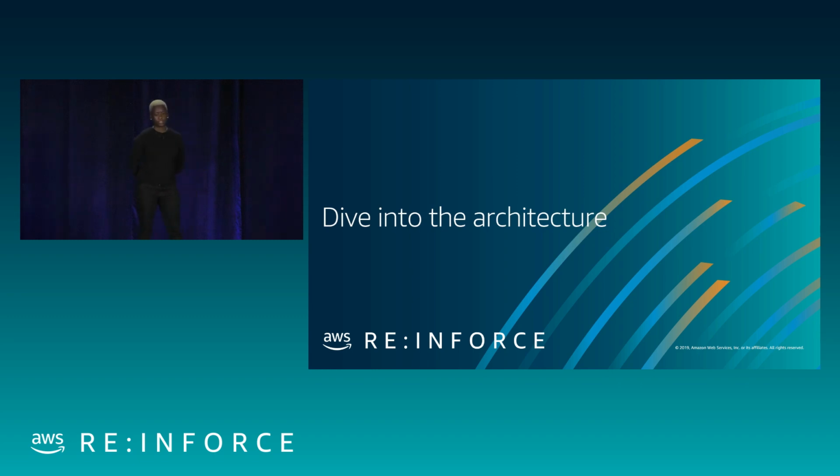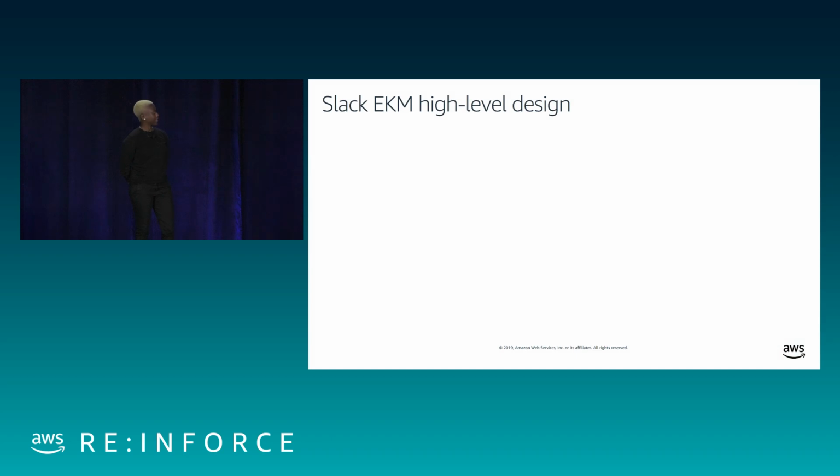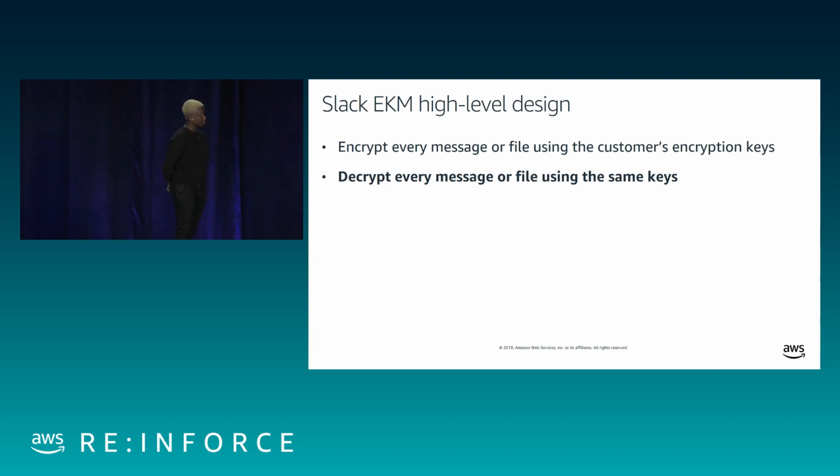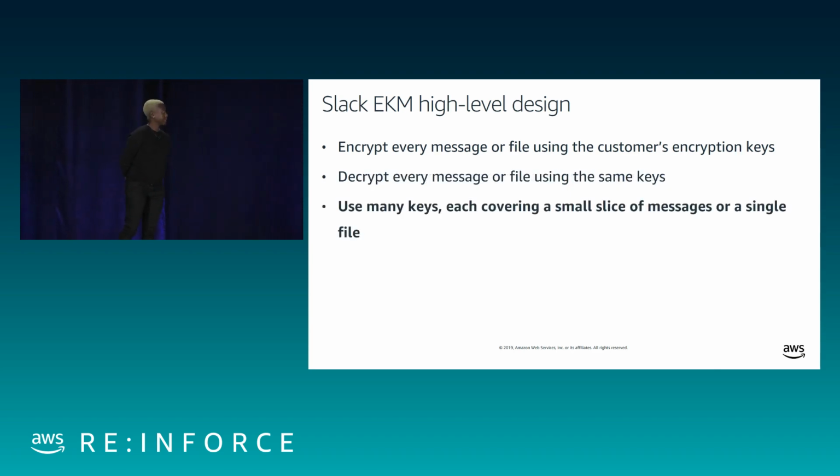So now we're going to dive into the architecture of how Slack EKM works. At an implementation level, this is what we did. We encrypt every message or file using the customer encryption keys. We decrypt every message or file with the key that was used to encrypt. We use many keys, each covering a small slice of messages or a single file.